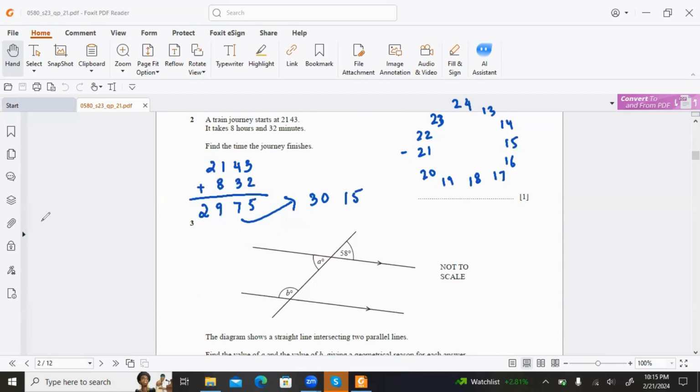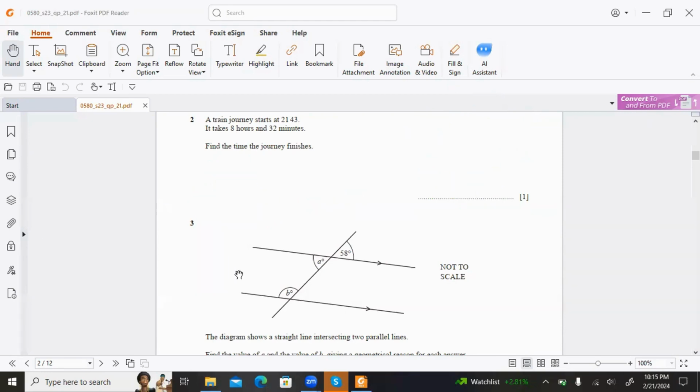So it's going to be 1 hour, 2 hour, 3 hour, 4 hour, 5 hours, 6 hours, 7 hour, 8 hour, 9 hour, because we took the 60 minutes from 75. So we are stopping at 6:15 a.m. Why? Because we started at 9:43, which is at night. So obviously 8 hours ahead of that is the morning time, so 6:15 a.m.